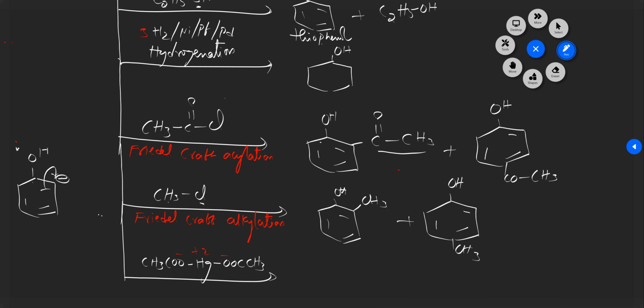Negative charge attacks mercury. This one is going to go out. What will come out? CH3COO minus will come out. That minus will be attacked by this hydrogen. It's going to form CH3COOH. The remaining part, HgCOOCH3, is going to attack the benzene. That is called mercuration.